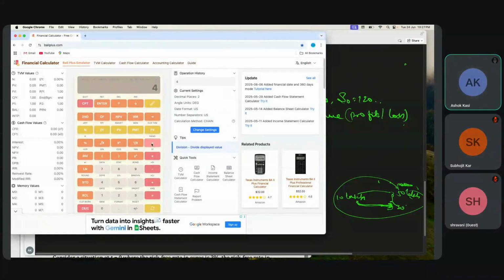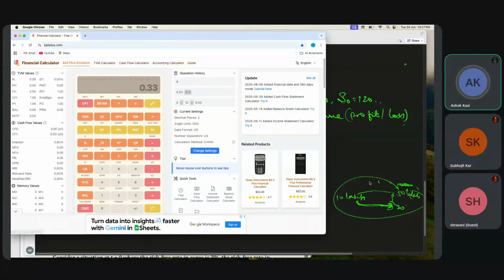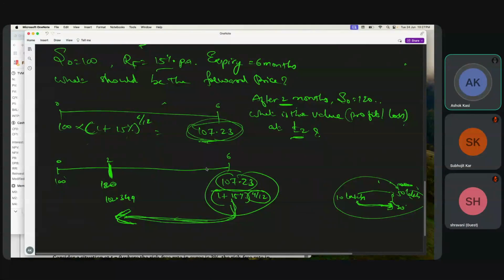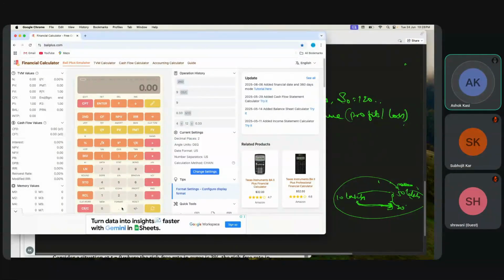So 4 divided by 12 equal to 0.33. I'll keep this as store 9. First I'll change the decimal. 4 divided by 12. So I'll keep it in store 9.